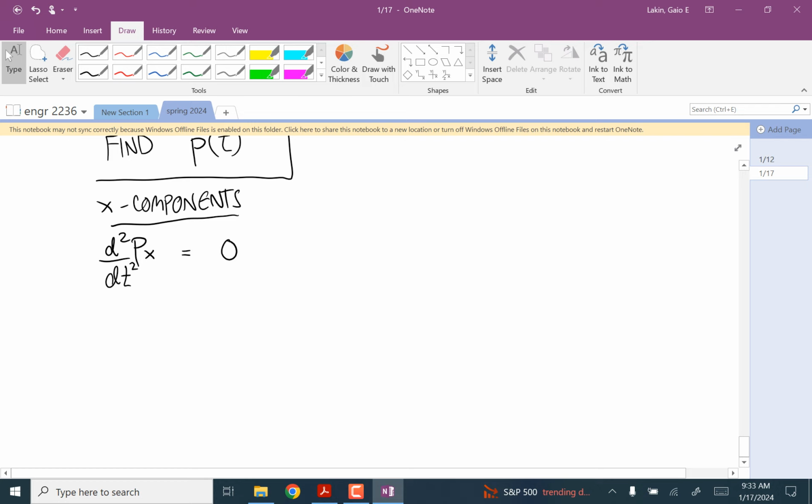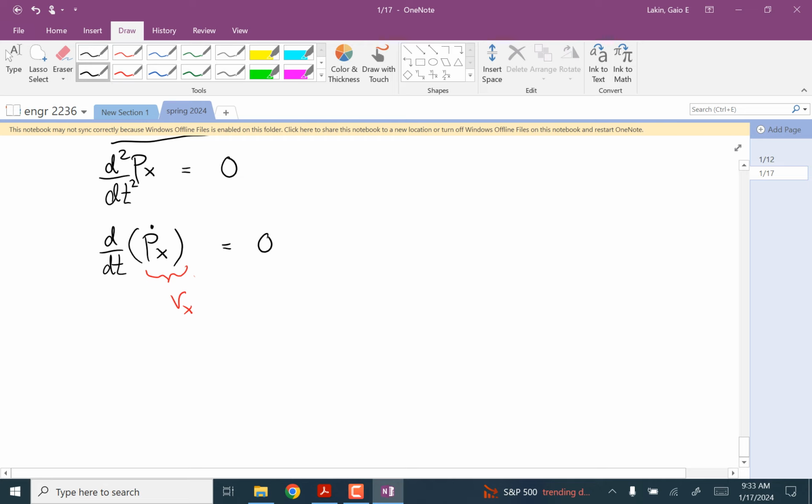So I'm going to write this or think of it as d dt of px dot. Okay, that's how I'm thinking of this second derivative. And this px dot is vx, by the way, too. And I'm going to say that that's equal to 0.